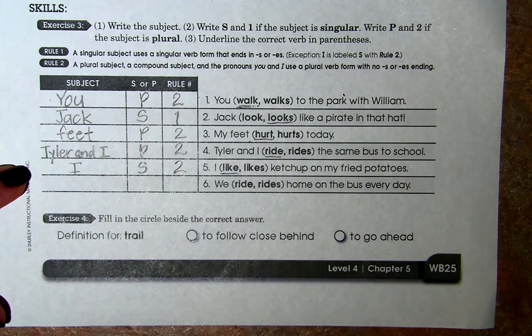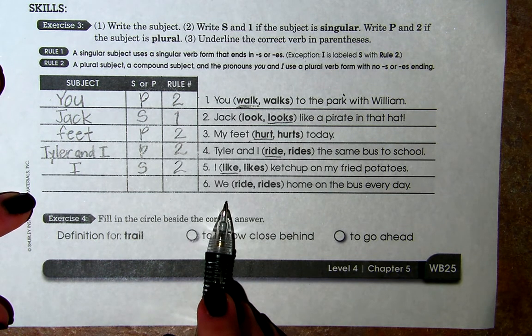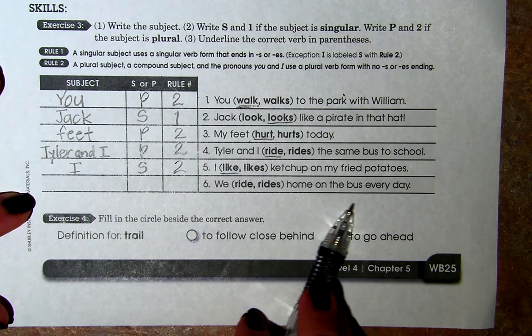Most of the time in your life, you are not going to need to know whether that's a singular or a plural verb and what rule it follows and all that business. You are just going to simply need to know which verb is the correct verb to use in the sentence because it needs to agree with the subject and make sense. Okay? Number 6, we ride or rides home on the bus every day.